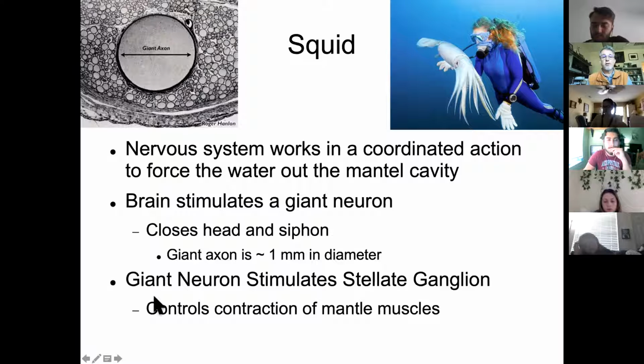In addition to the giant axon, we have a ganglion. So it's like a little secondary brain, a stellate ganglion, which is located right above the siphon. So really at the base of this mantle cavity, and is associated with the control of the cavity's constriction. Make sense? Questions?